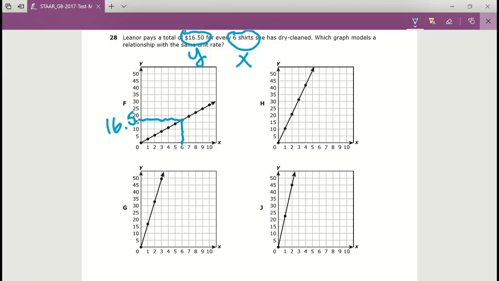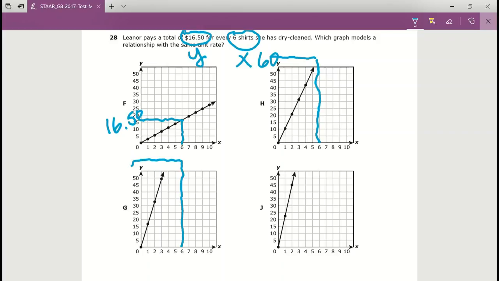Let's check our other answer choices. If we go up from 6 here, oh goodness, that wasn't a very straight line, but we are definitely not at $16.50. We're at like 60. Remember, we want to go up from 6 and then go over, and we should hit $16.50. Here we go up from 6. Yeah, we're definitely not at $16.50.